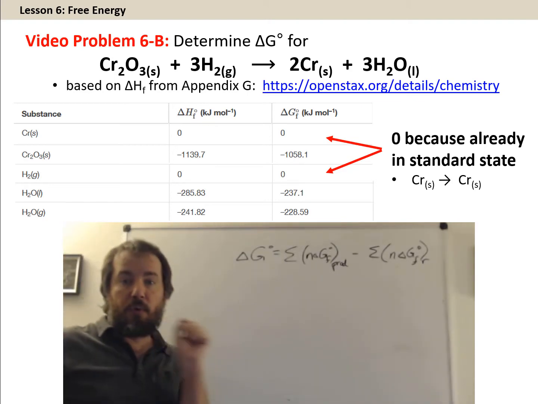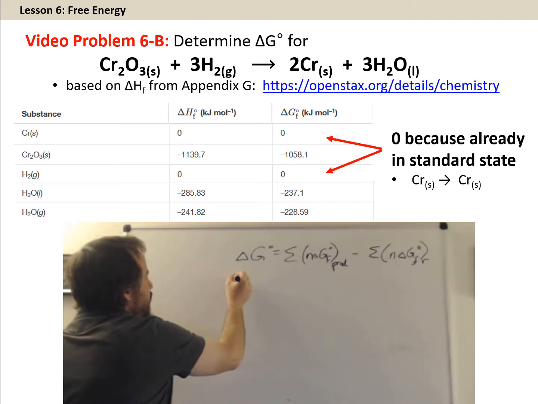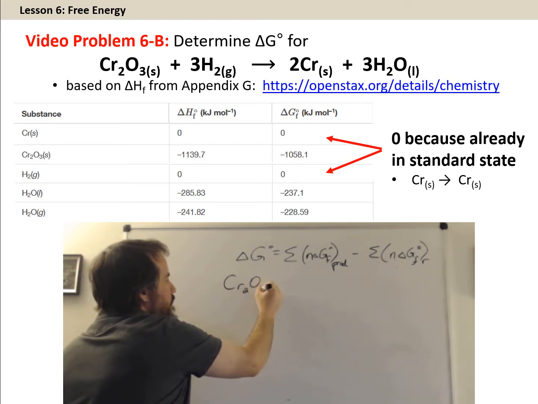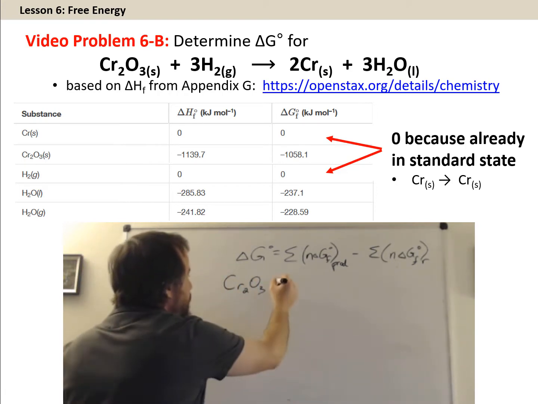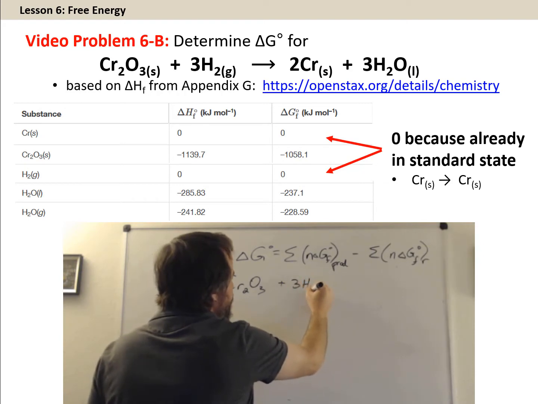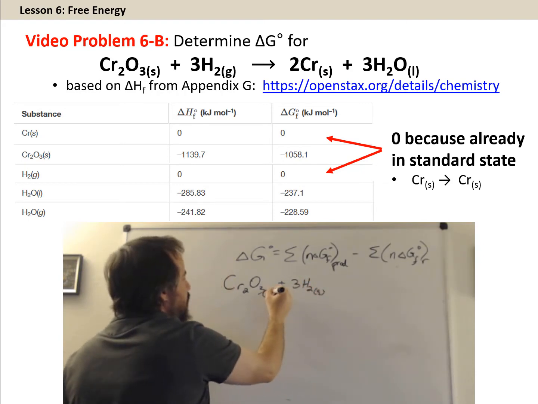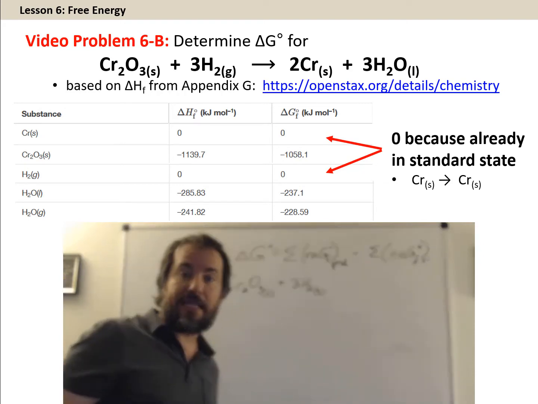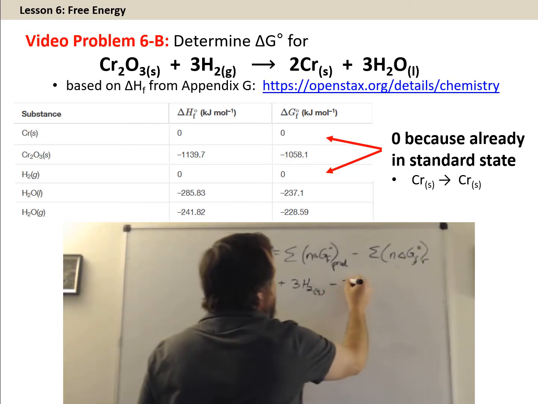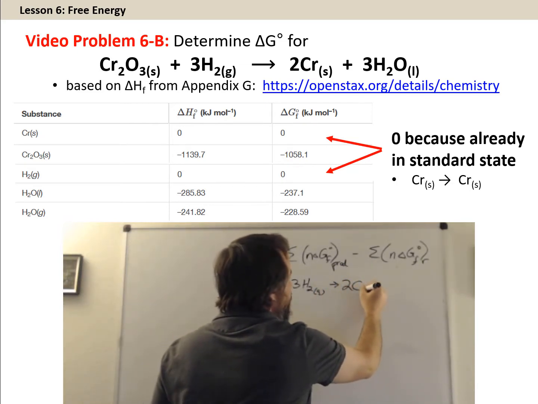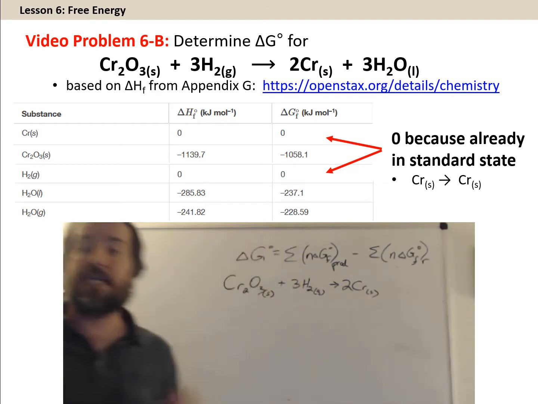We're going to use the values found in the back of the book to figure out the delta GFs for each one of these, and then we can put these all together to form the delta G.